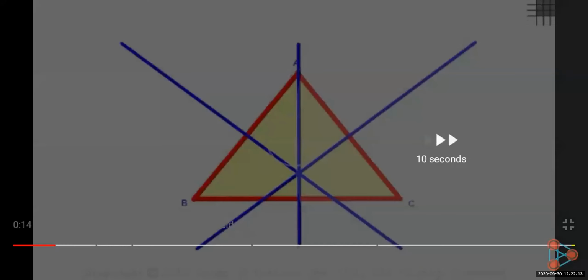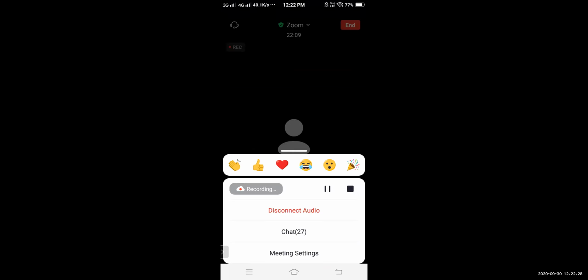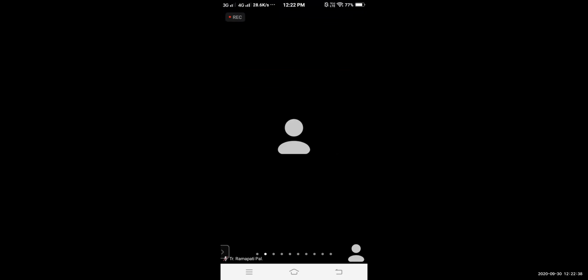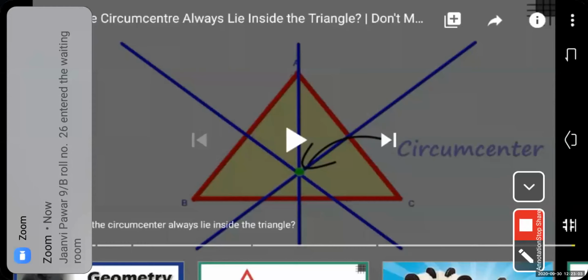Wait a minute, I just have to change the setting. Now you can see.